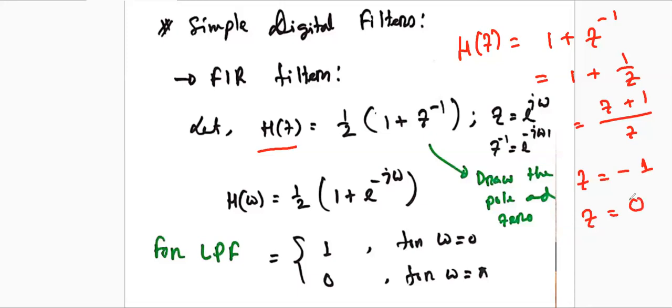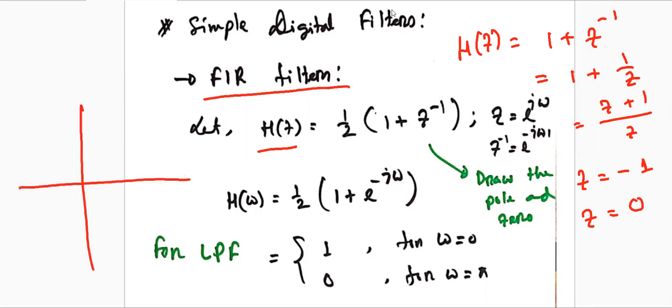What I mentioned here, in the case of an FIR filter, all the poles are in the center. So if we want to draw the pole location, that is in the center. What about the zero location?